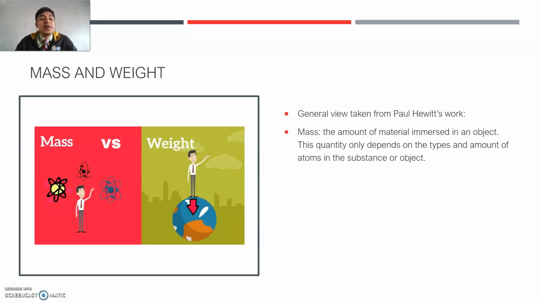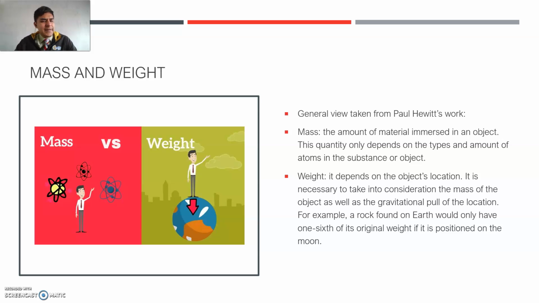So, for example, if we are talking about atoms of gold, mass is only going to depend on the properties of gold itself. We can also talk about other elements such as oxygen. So a mass of oxygen will only depend on the atoms of that specific element.